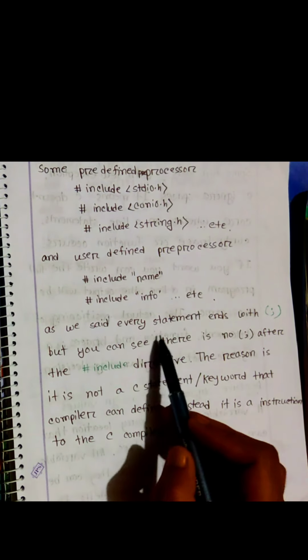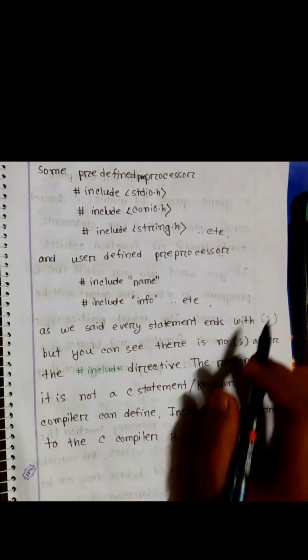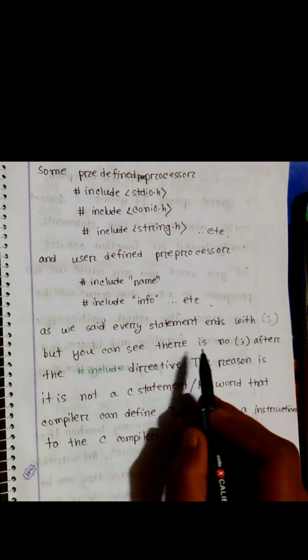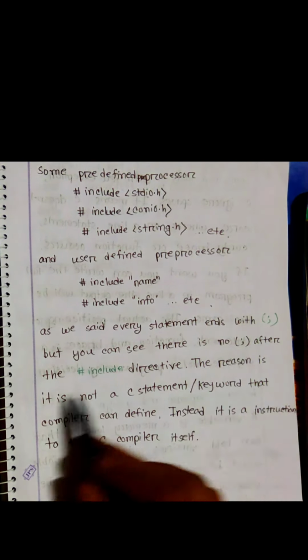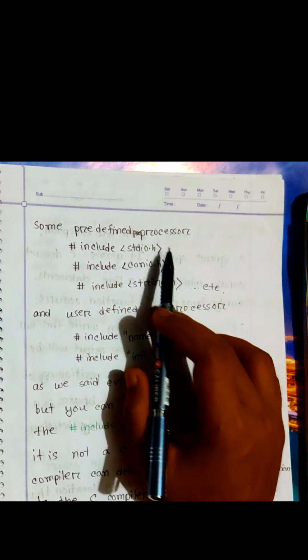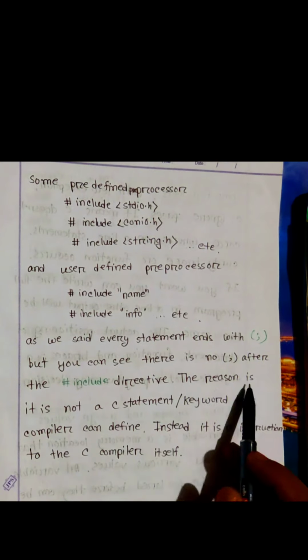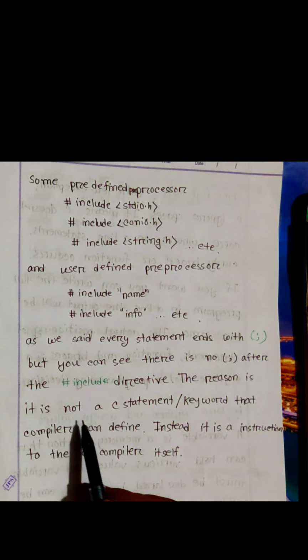As I said, every statement ends with a semicolon, but you can see there is no semicolon after the hash include directive. Like you can see there is no semicolon there and also there. The reason is it is not a C statement or keyword that the compiler can define.